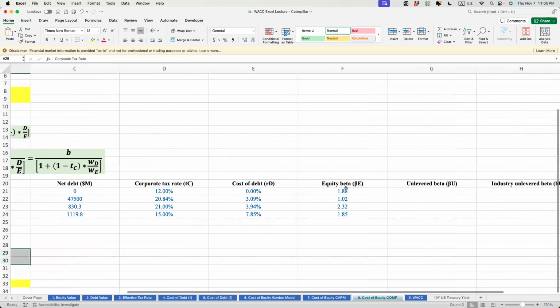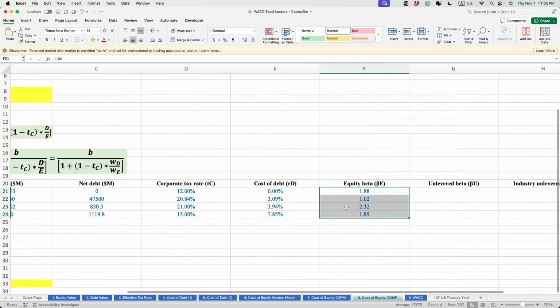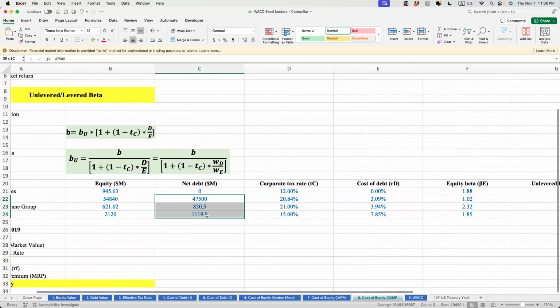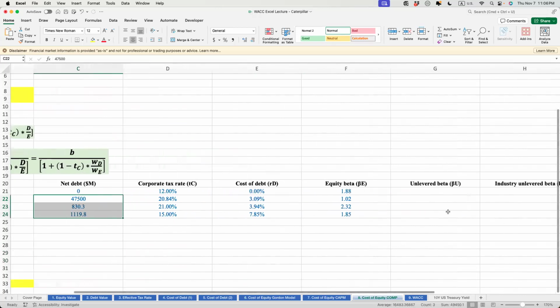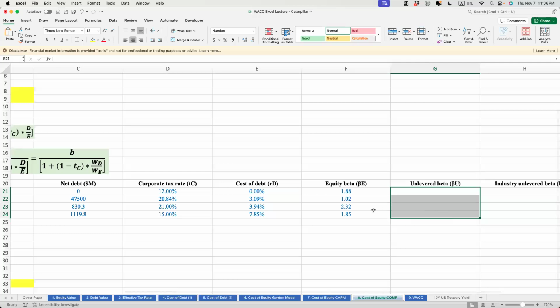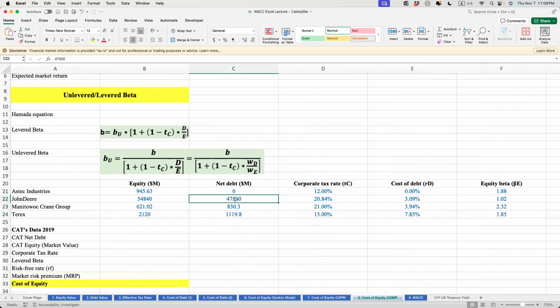That is why we are getting the beta from our competitors' companies. This beta is also referred to as the levered beta, because some of our competitors use debt, and part of the incremental beta risk is coming from the debt. So first step, we're going to unlever the beta, taking out the risk coming from individual companies' debt.